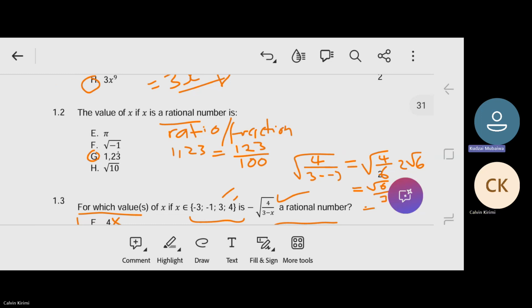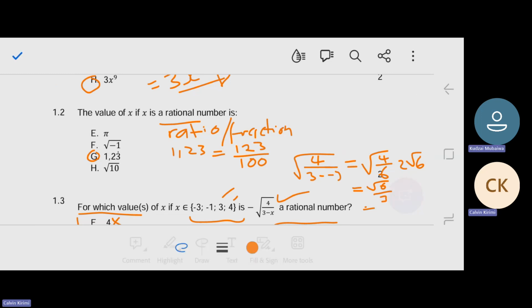Yes, sir, I do have one. What is the square root of 6 as a decimal? What is it that is coming from the calculator? 2.449, exactly.